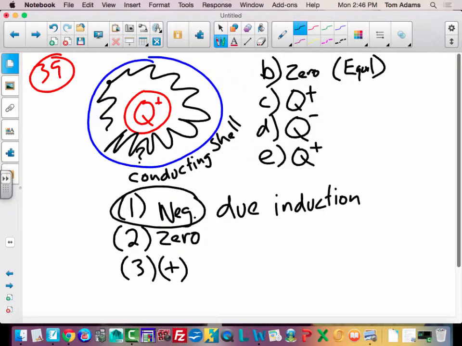Assume that the total charge, plus Q, a positive charge of capital Q, is placed at the center of the sphere and released. After equilibrium is reached, the inner surface of the shell will have either a negative, zero, or positive charge. It'll be negative due to induction.